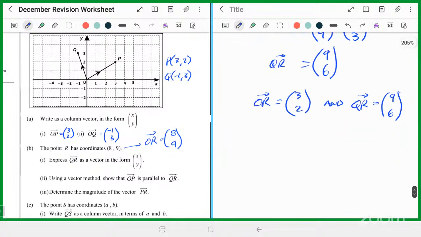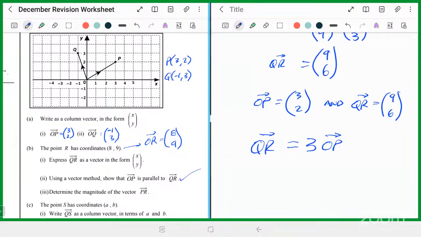The big one, QR, is equal to 3 times the small one, OP, not OR. Pay attention. The big one is 3 times the small one, so QR is 3 times OP. And so we have shown that by just doing that.